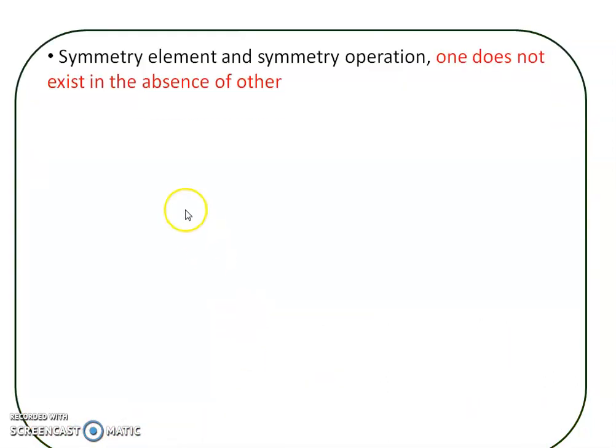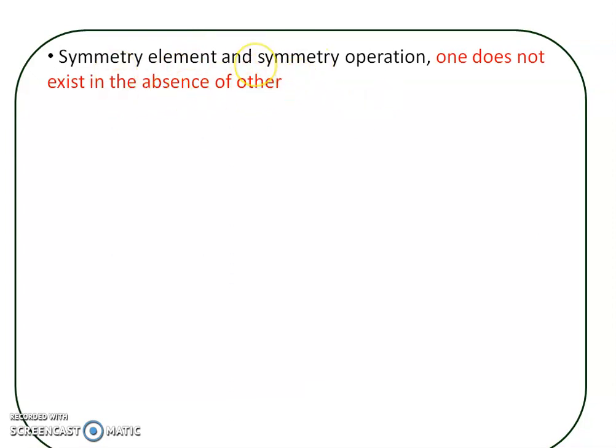The most important thing is that symmetry element and symmetry operation always exist together. In other words, out of these two, one does not exist in the absence of the other. So we cannot consider symmetry operation in the absence of symmetry element. The meaning of this is, if there is no axis, rotation is not possible.